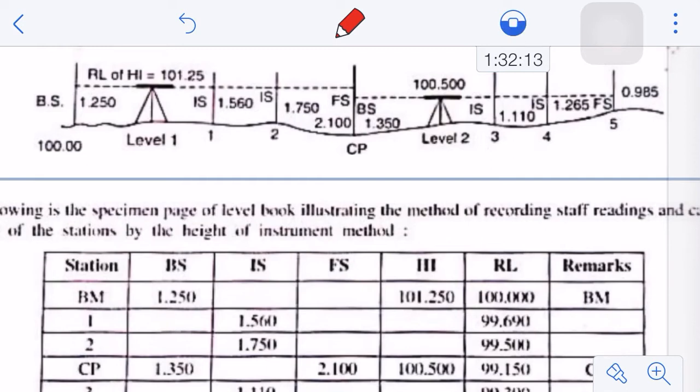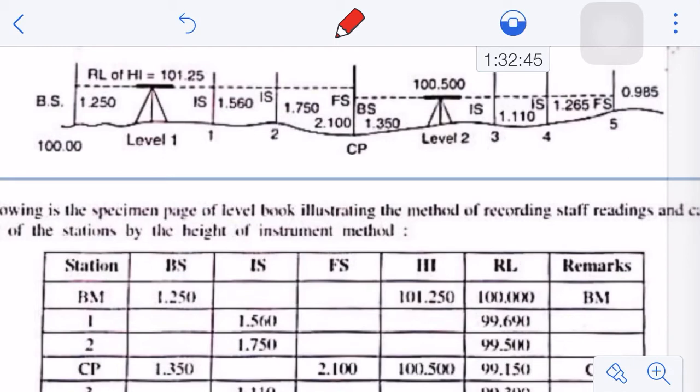Now as I was discussing with you during the special term discussion, before bisecting the last point for that instrument setup, if there are intermediate points in between, the observations are termed as IS and not the FS, because FS is your last reading for any setup. So your station 1 is now giving you the reading of 1.560. This should be recorded as IS. Your station 2 is giving you a reading of 1.750, and that is again termed as your IS.